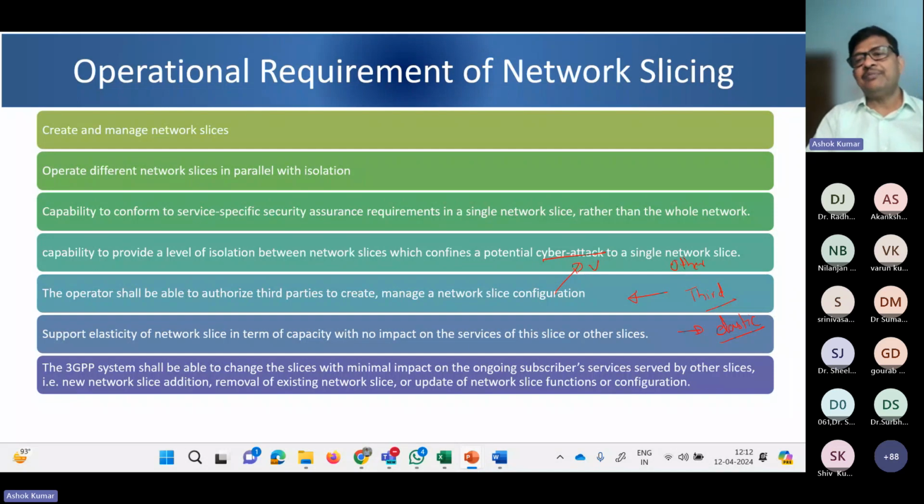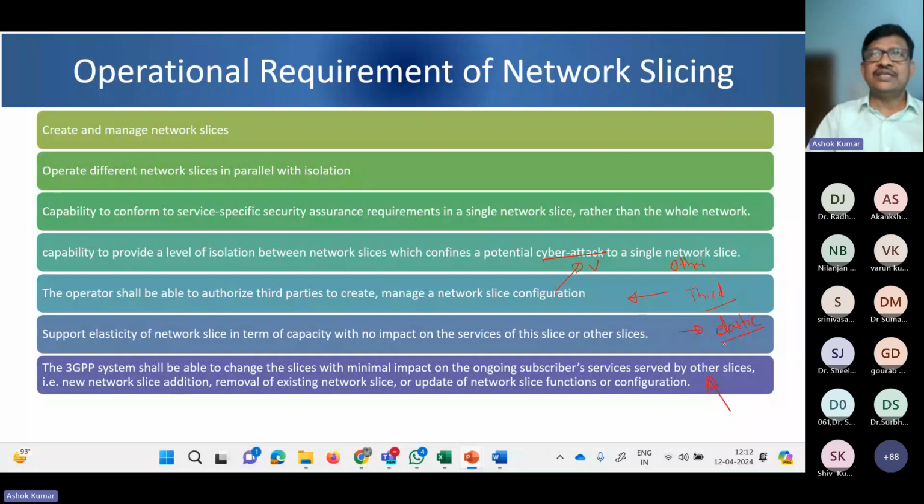And there should be a capability where I should be able to change the slice parameters, right? In a way that it should not affect the customers or subscribers who are being served at that point of time. Suppose, for example, I decide to change a certain quality of service parameter, and some users are already using a quality of service which I'm trying to remove now, so those subscribers should not be affected.